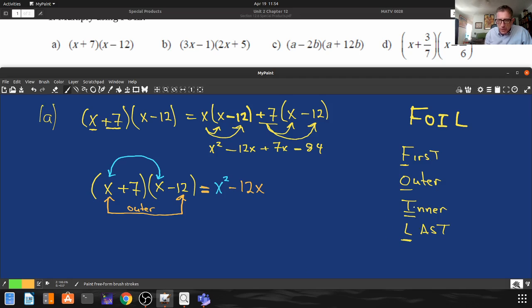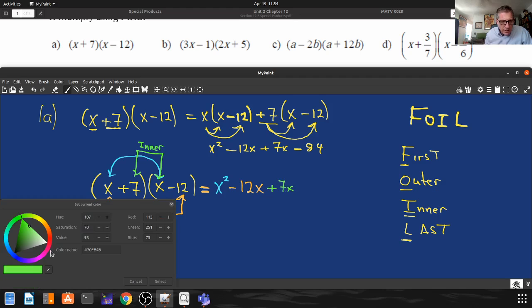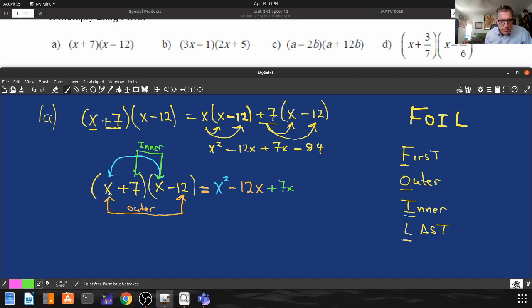Let's choose another color, green. So the inner terms are these two terms right here. That's the inner. So I multiply plus 7 times x, get plus 7x. And finally, I do the last terms.